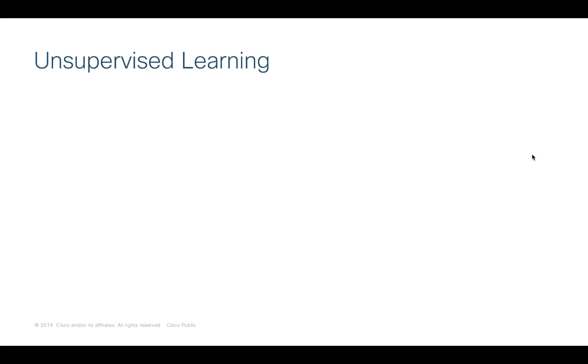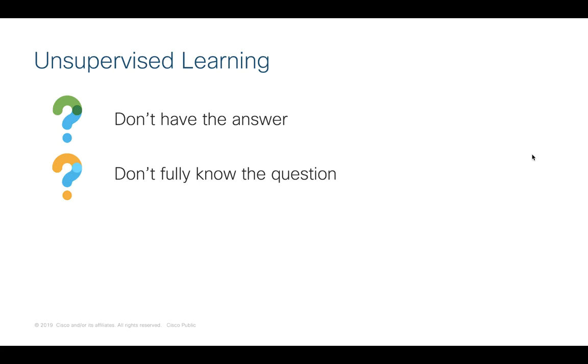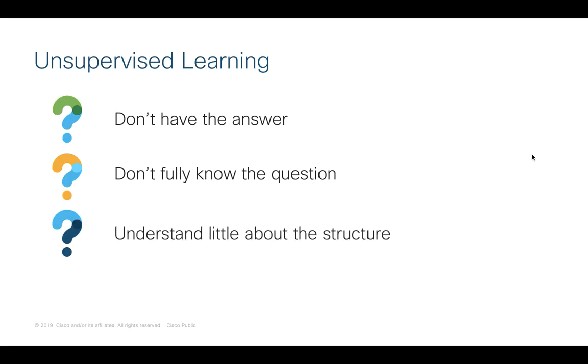Now moving on to unsupervised learning, the second of our learning classifiers. This is very different to supervised learning. We use unsupervised learning when we don't have the answers, when we don't fully know the question, candidly, and we understand very little about the structure of the data going in.